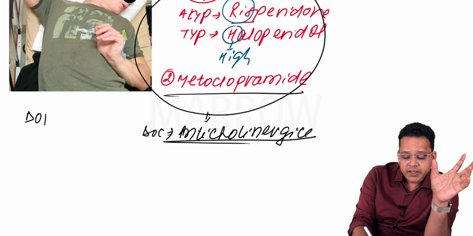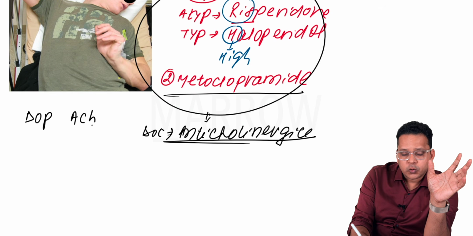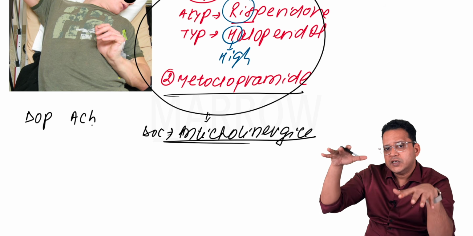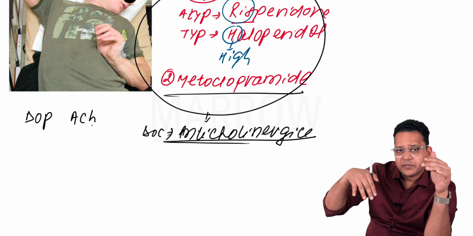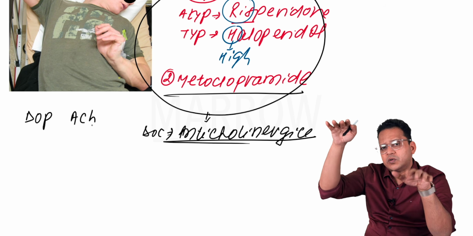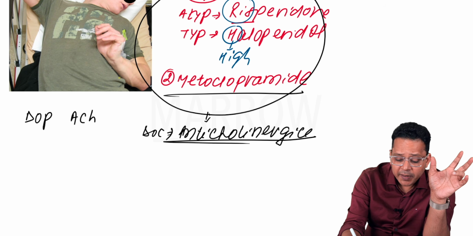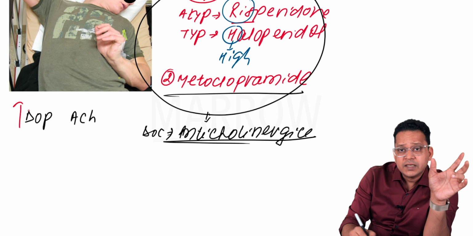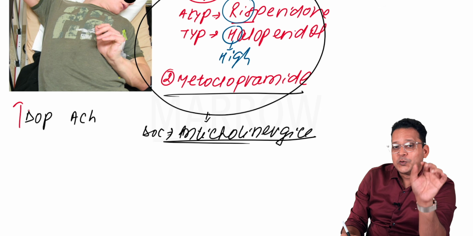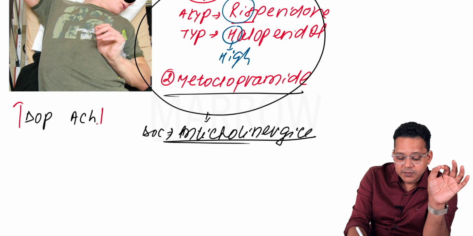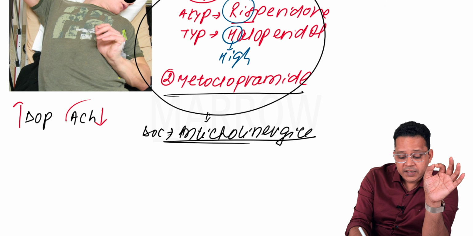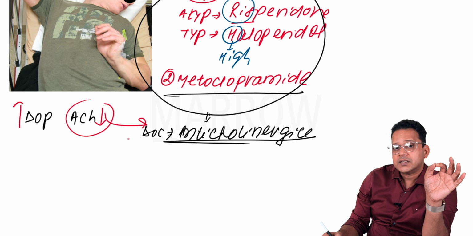For that, you have to understand, in the human brain, dopamine and acetylcholine have a seesaw relationship. Means, if I increase dopaminergic effect, cholinergic goes down, and vice versa. Here, what is my aim? My aim is to increase the dopaminergic effect, and to do it indirectly, it is possible by decreasing cholinergic effect. That is the reason why anticholinergics are the drug of choice.